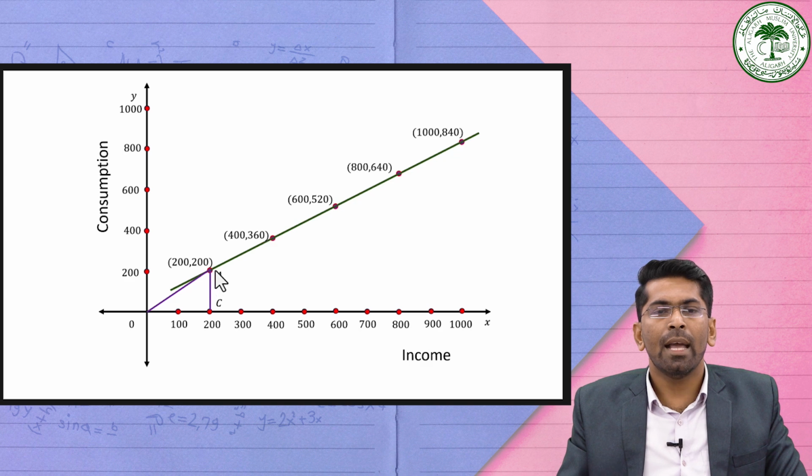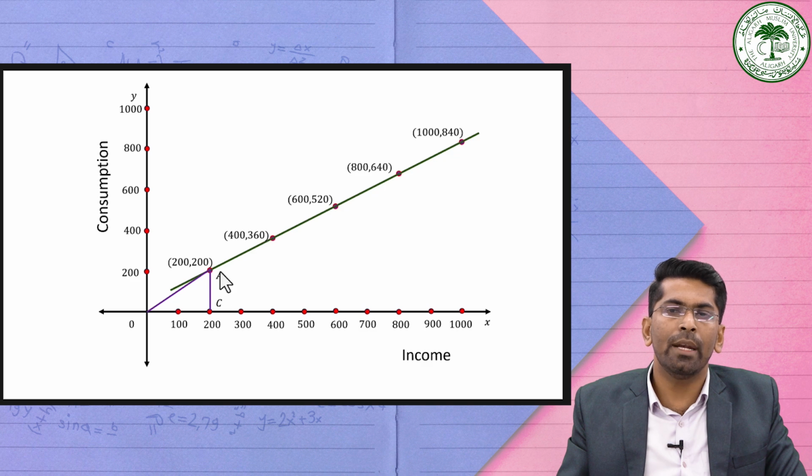So assuming we want to find the average effect of consumption at point A, following the convention, we will draw the ray from the origin to the point, and a vertical straight line from point A to the x-axis also.